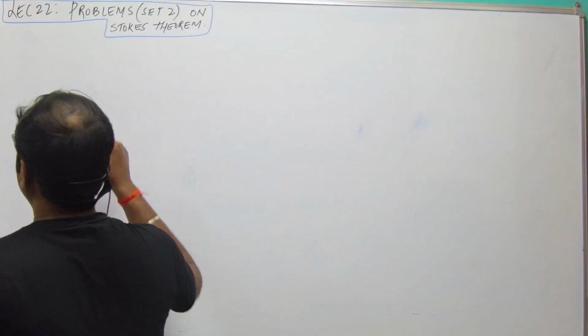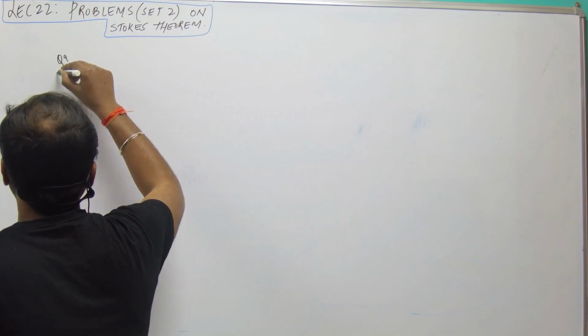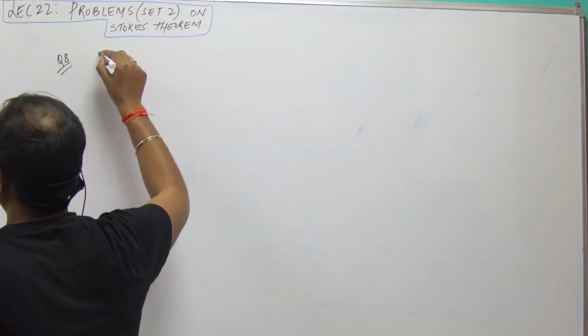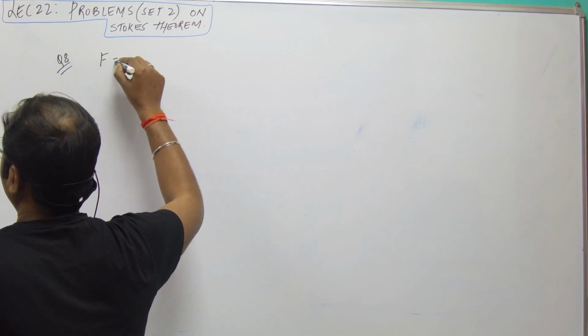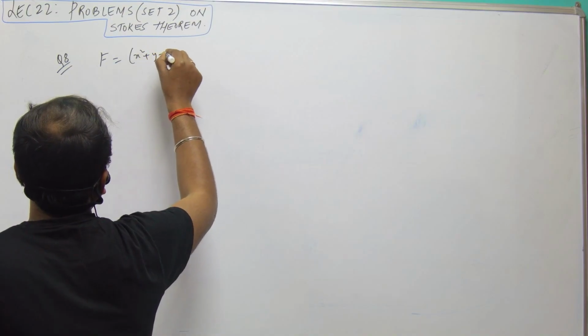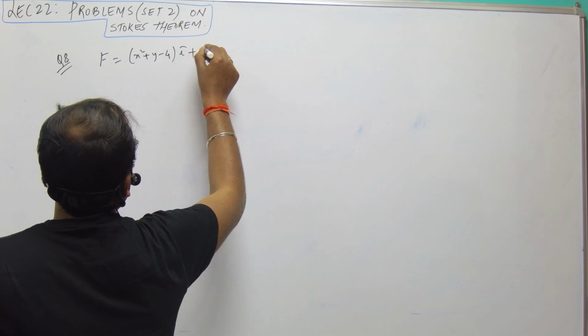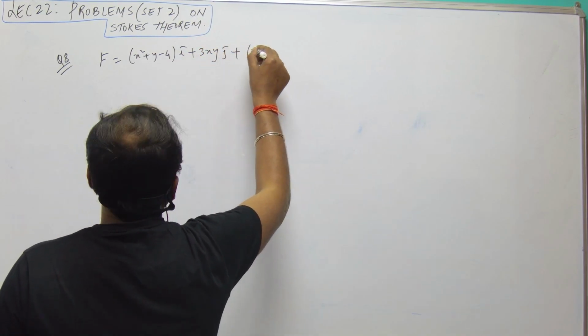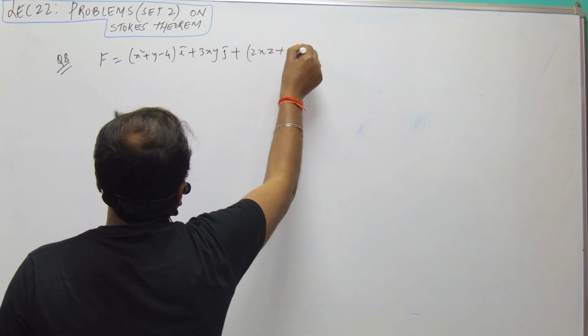So the value of F is given as, question number 8, F is (x square plus y minus 4) I cap plus 3xy j cap plus (2xz plus z square) k cap.